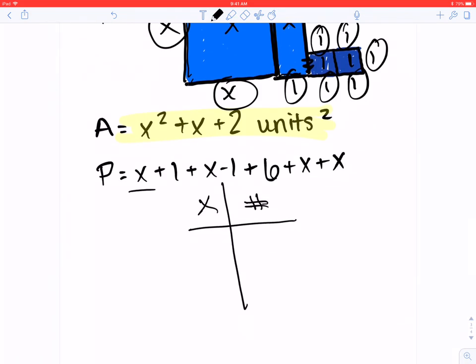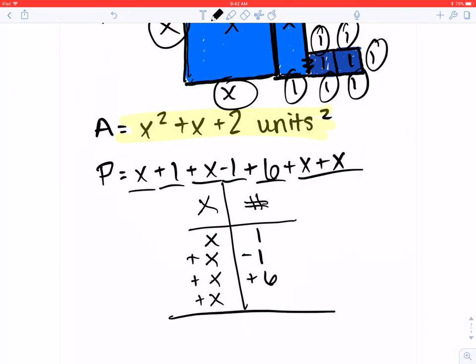So I have an x and a 1. I have another positive x and a negative 1. Oops, excuse me. I have positive 6 and 2 more x's.